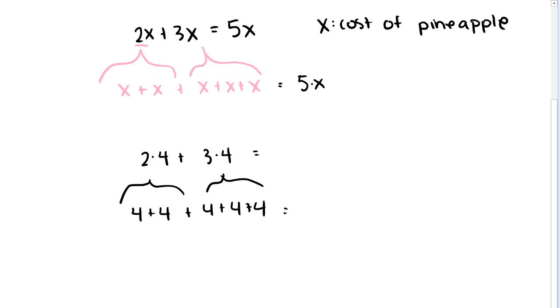So here this is 2 times 4 plus 3 times 4. We're saying this is the same as 5 times 4, which is 20, and below we get 4 plus 4 plus 4 plus 4 plus 4. This is also 20. So this is just to illustrate that combining like terms makes sense.